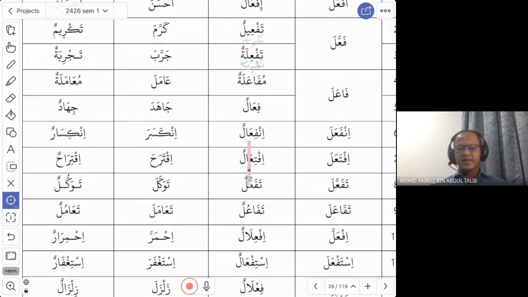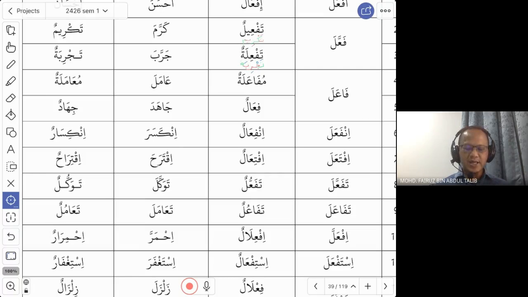The example is in kasara. The mudari is yan kasiru. What is the masdar? The masdar is in kisar. So they are similar, in fi'al and in kisar. What is the meaning? In kasara means something is broken. We say in kasara al-bab, the door was broken.